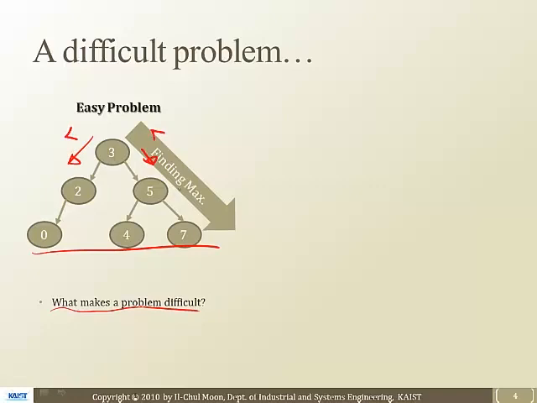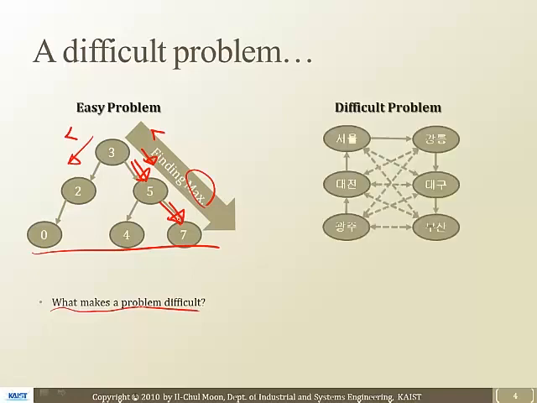Finding the maximum is basically just following the right-hand side, right? That is a very typical solution, with very clear instructions on how to get the solution for a given problem. So that is called an easy problem.